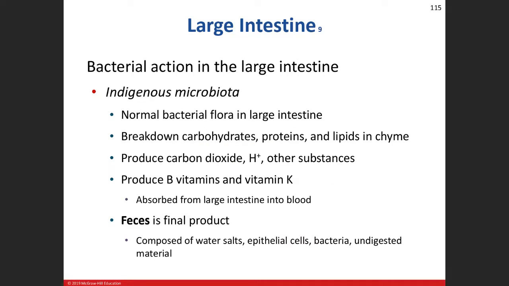So we give it a name, indigenous microbiota, and it's this normal, we call it normal, I mean, how normal is bacteria, but it's the normal bacterial flora, which means it lives symbiotically with you, as long as you don't bother it, it won't bother you kind of thing, but it helps with the digestion, the further breakdown of, look at that, carbohydrates, proteins, and lipids. It helps to further break that down, but it also will help to produce vitamin B and vitamin K.